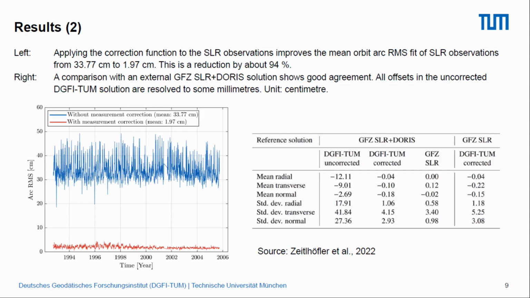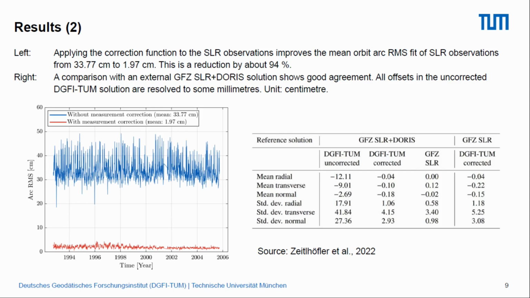These comparisons show that initially in the uncorrected DGFI-TUM solution, there was a mean shift of 12 centimeters in the radial component, which is unacceptable for an altimetry mission because this error propagates to the altimetry measurements. After correcting the orbit, you get a shift or a bias of almost 0 centimeters.